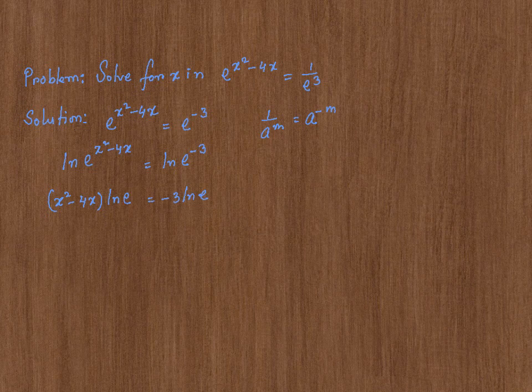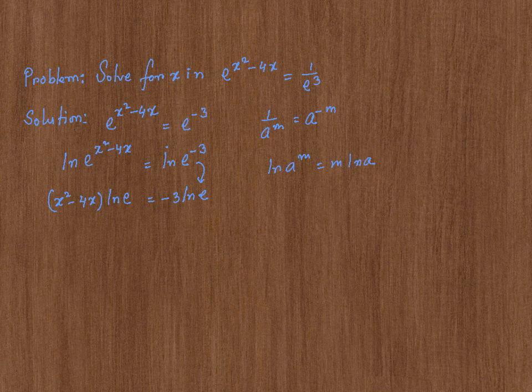Remember that ln and exponential functions are the inverses of each other. That's why I applied ln. Now, in going from here to here, I have used this fact: ln a to the power m is equal to m times ln of a. Okay, that's what it is.